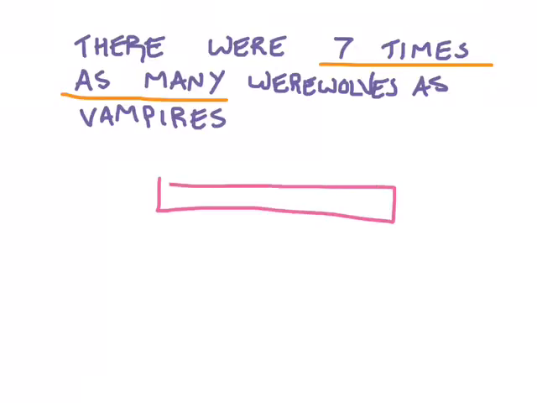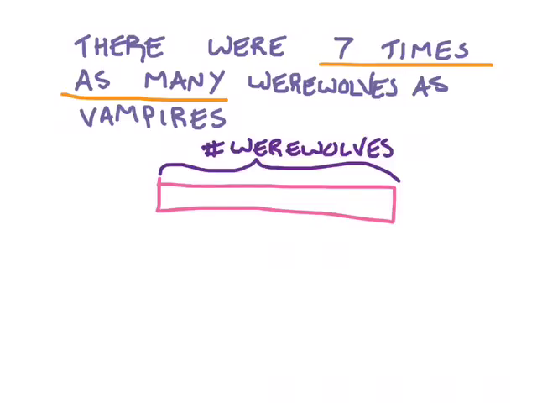So when I make my bar diagram, I'll be labeling that big bar as the number of werewolves. And since I've already established that 7 times as many is the important relationship here, I'm going to be breaking that bar up into 7 roughly equal chunks. And if they're not perfect, I'm not going to spend a ton of time worrying about it, but I am going to make sure that there's 7 of them and that they're reasonably even.